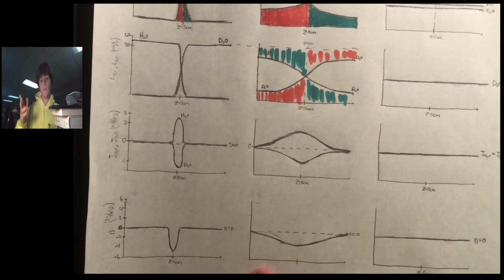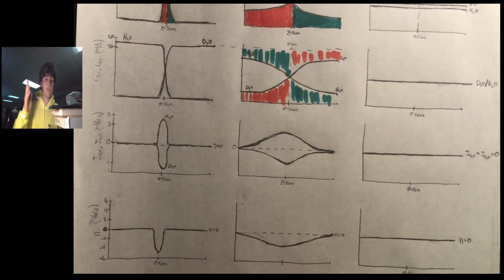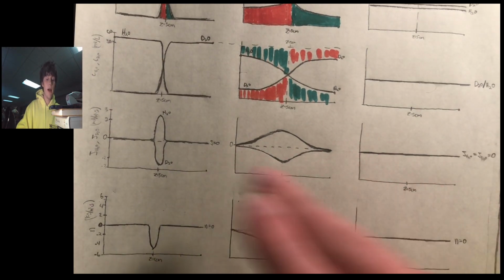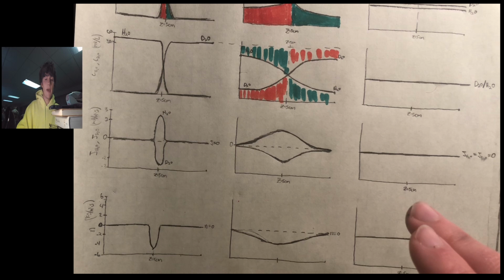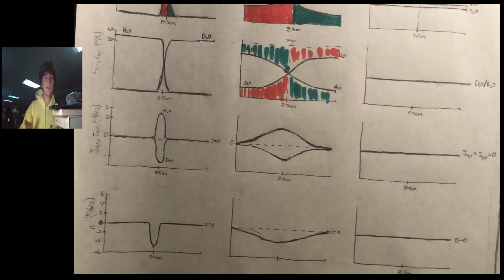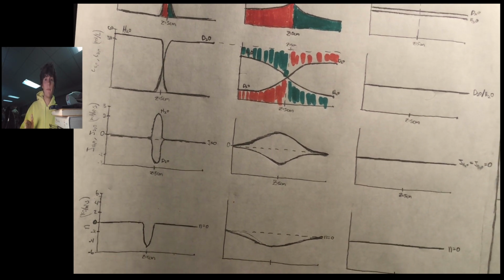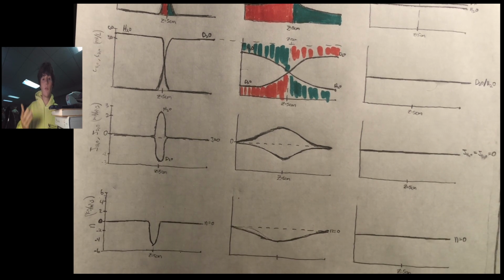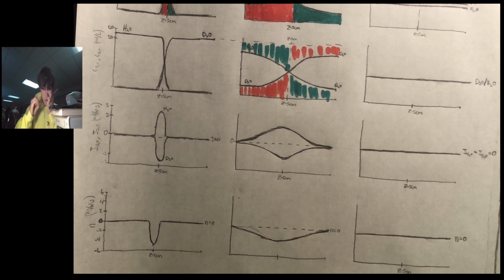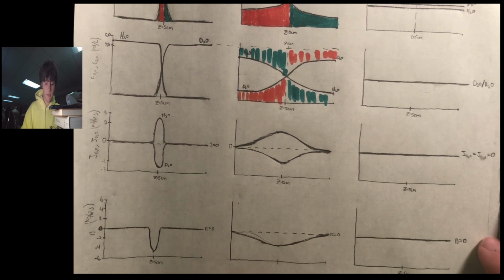And since the total molar flux of the component must be 0 at the endpoints, then the molar diffusion flux is equal to negative the total molar concentration, which is not equal to 0, and the concentration gradient, and then the fixed diffusivity. The fixed diffusivity is not equal to 0, so therefore the concentration gradients must be equal to 0.